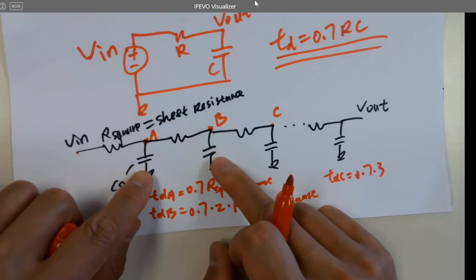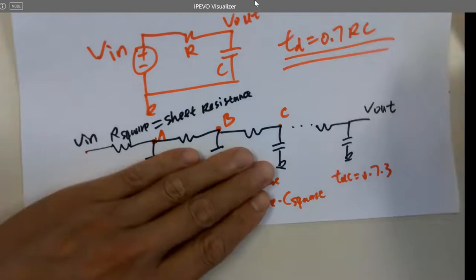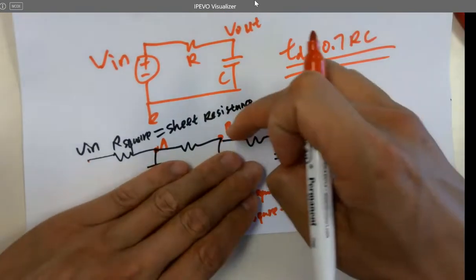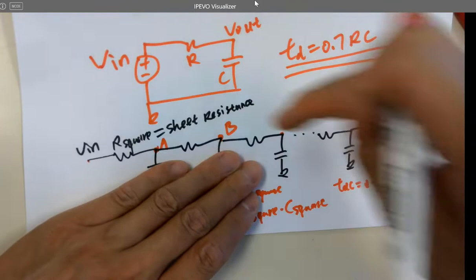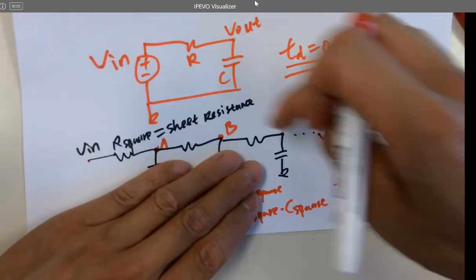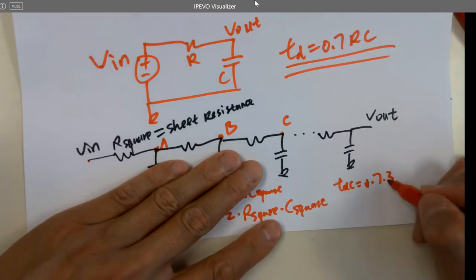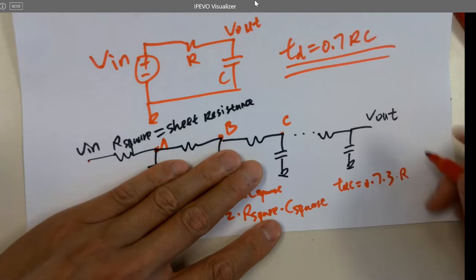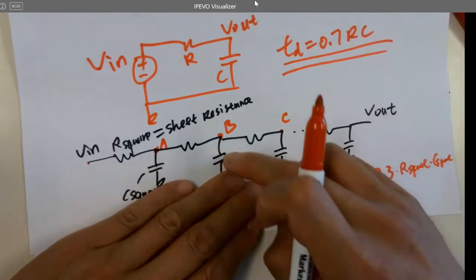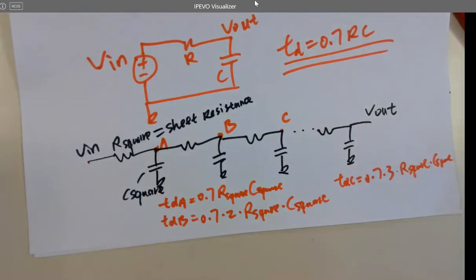For example, if you don't add up the time delay from here to here and here to here, and just look at the time delay from here to here, then it becomes 0.7 times 3 times R square times C square, right? But that won't be accurate because you didn't consider these two caps.